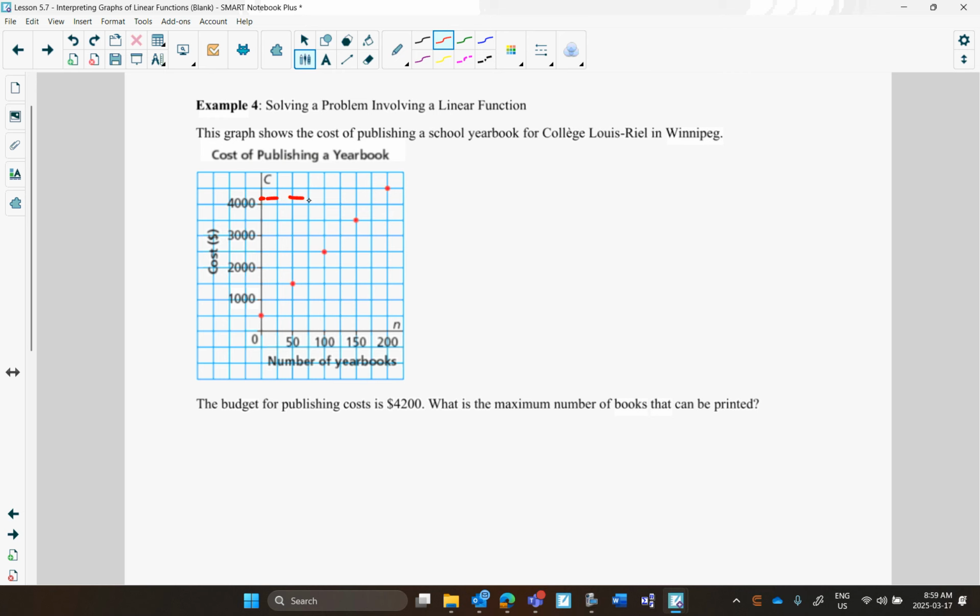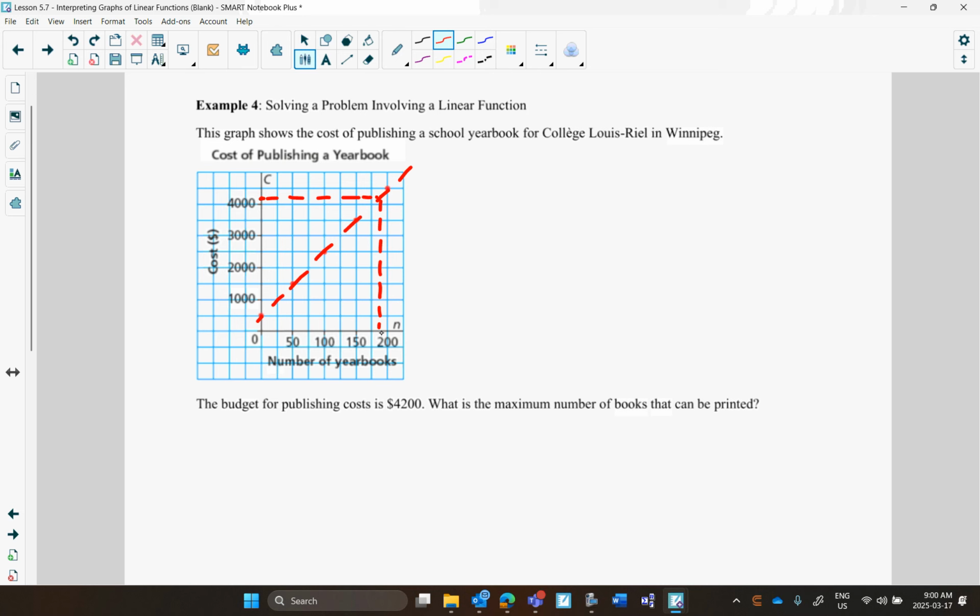And so if I go over to the imaginary line, I'm not going to be able to read it exactly. I mean, just by approximating, well, the number of yearbooks is going up by 25. So 150, then 175, and then maybe halfway to 200.